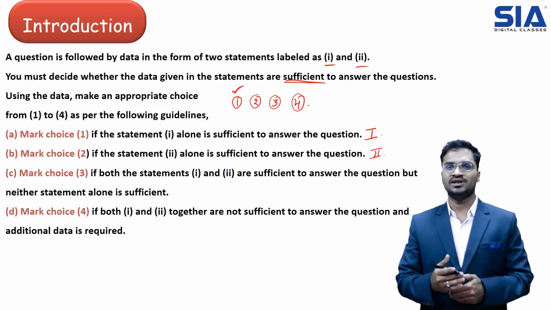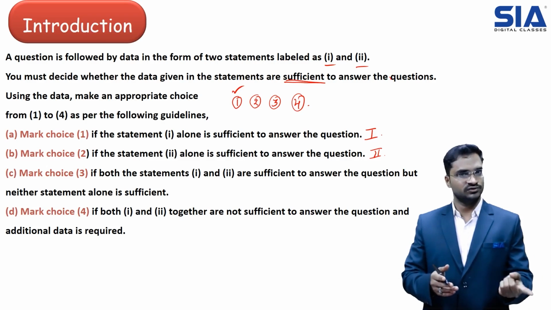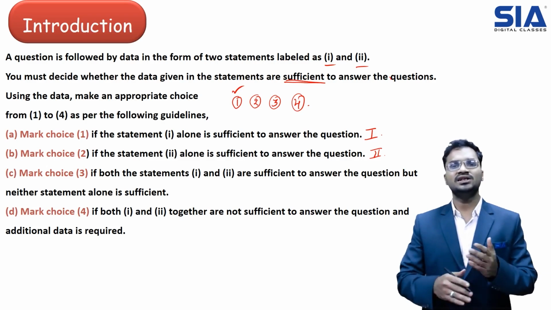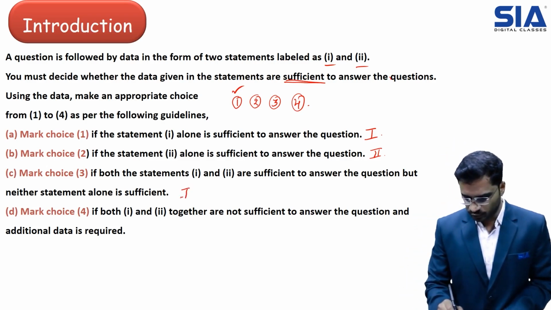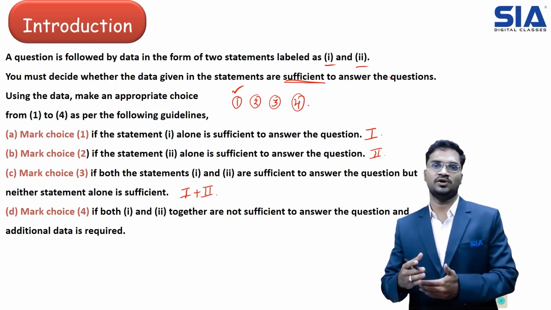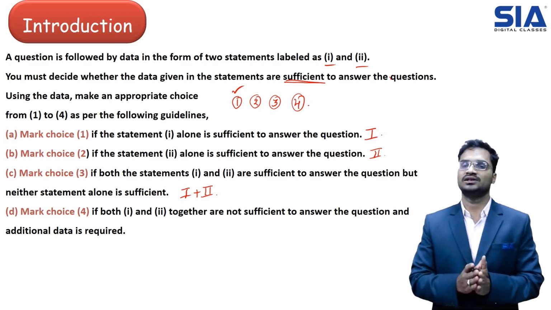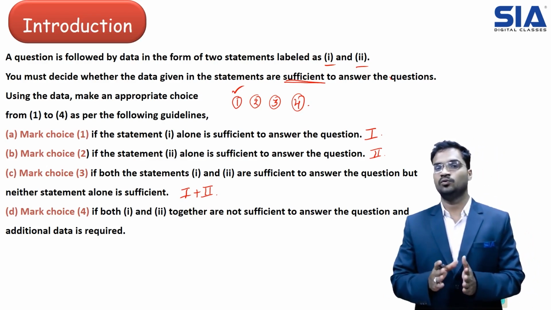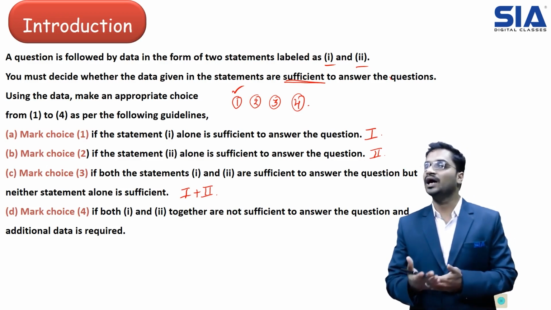Now what happens if statement 1 alone is not sufficient and statement 2 alone is also not sufficient? In this case we have to combine both of these statements. When we combine both statements and reach our answer, we have to select option 3. So mark choice 3 if both statements 1 and 2 together are sufficient to answer the question.